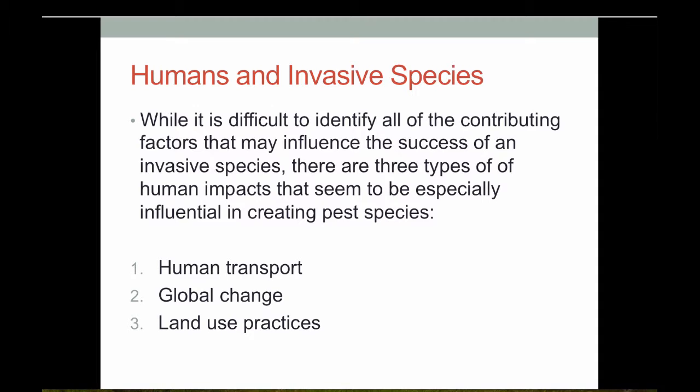And so when we think about this, it's really going to be those isolated ecosystems that are going to be particularly vulnerable to these introduced species behaving as pests. Right?